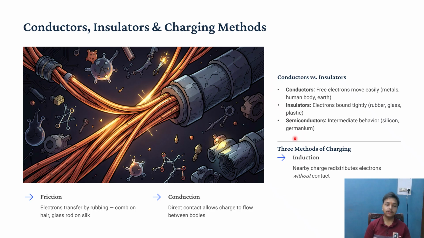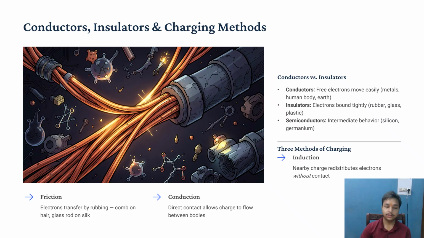In this chapter, we are going to mainly focus on three methods: charging by conduction, by induction, and by friction. First, let us talk about charging by conduction. In conduction, direct contact allows charge to flow between bodies. When a charged metal body is connected to an uncharged metal body, charge flows from the charged body to the neutral body.